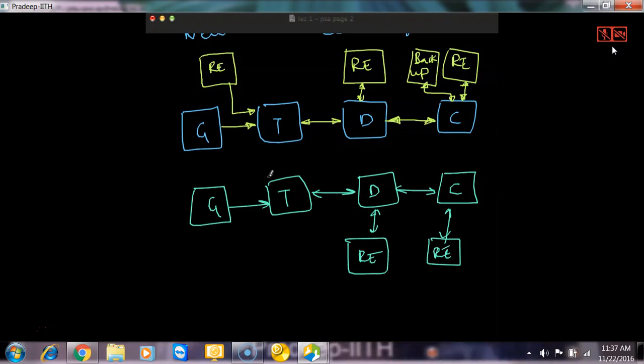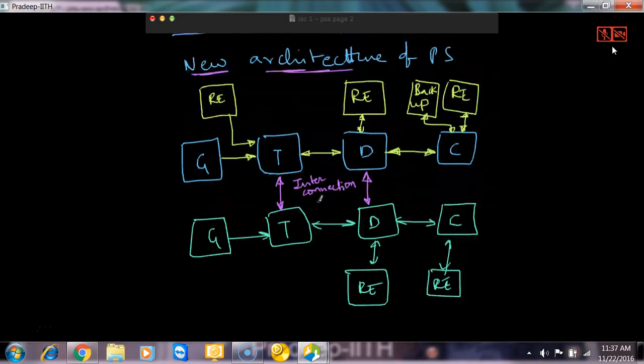Okay, so this may be one state, this may be another state, and the two states' power transmission networks are interconnected. Similarly, two DISCOMs may be connected. So this is called interconnection. Whenever there is an interconnection, again it is creating more technical challenges. So this is what we call the new architecture of the power system.